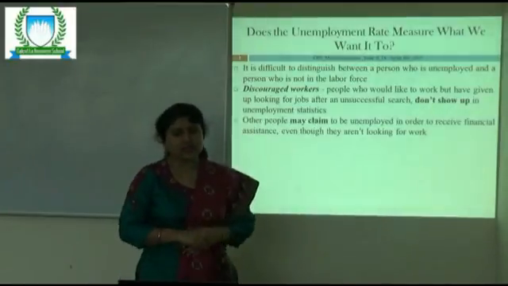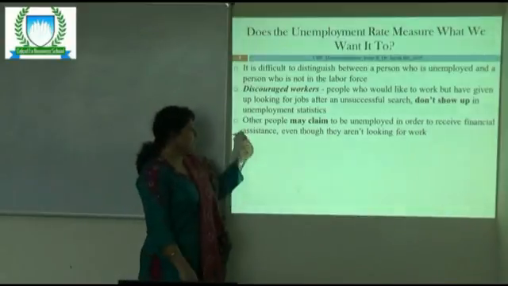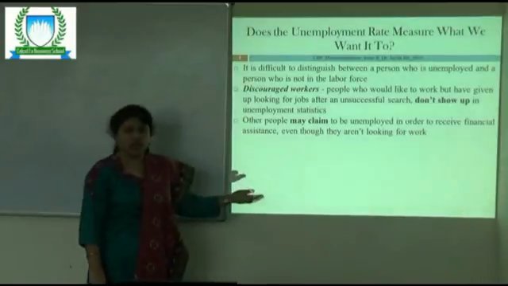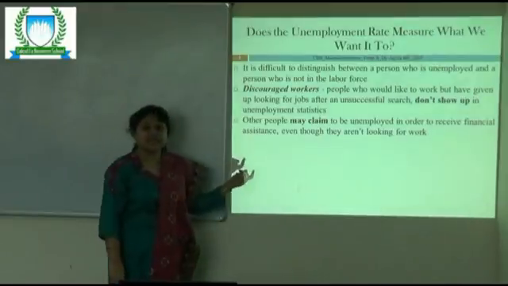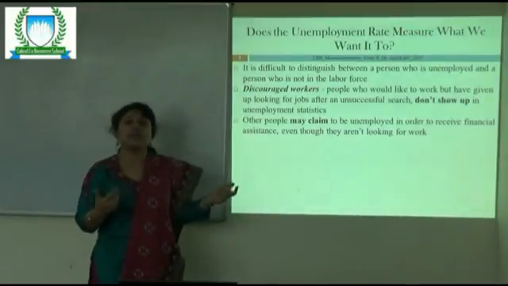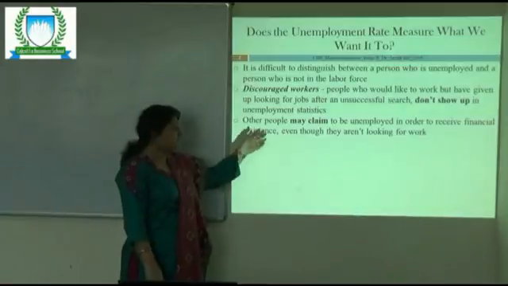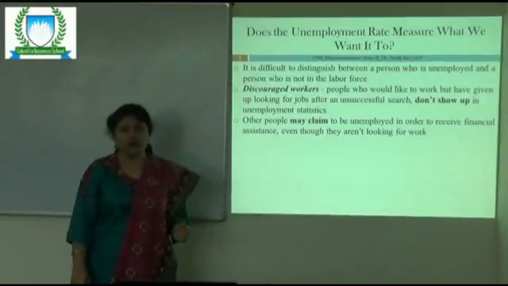On the other side, other people may claim to be unemployed in order to receive financial assistance. If the government gives an unemployment dole, this may be the case, even though they aren't looking for work.